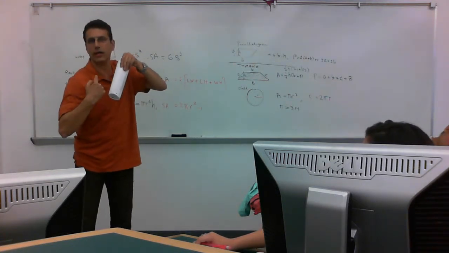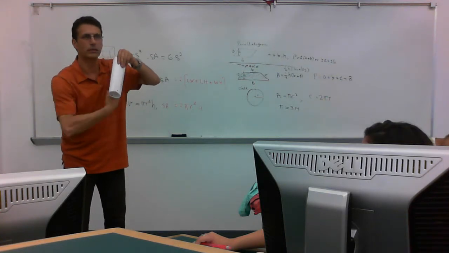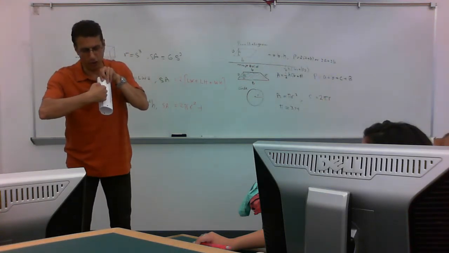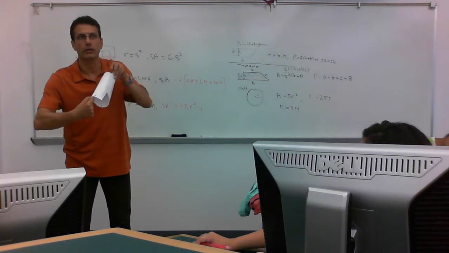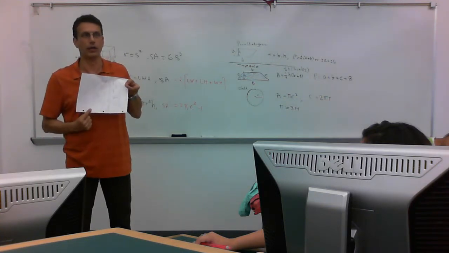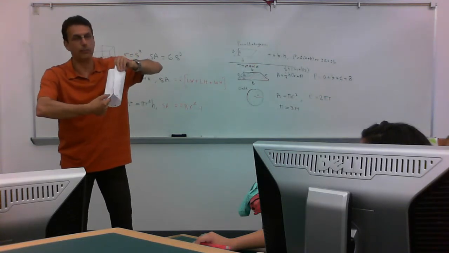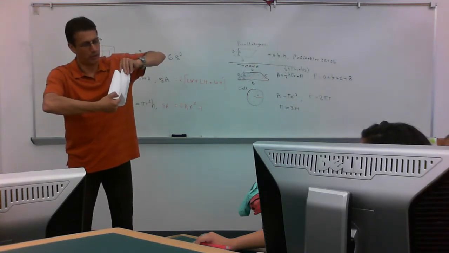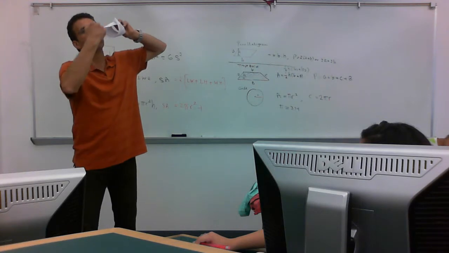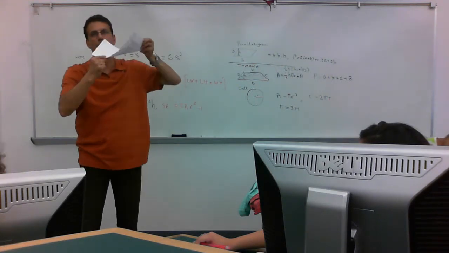Now, I want to find the area of the surrounding, right? Do you see if I cut it open from here, it becomes a rectangular shape, right? If I cut it open, it becomes a rectangular shape. Now, if it becomes a rectangular shape, do you see the circumference becomes the length?